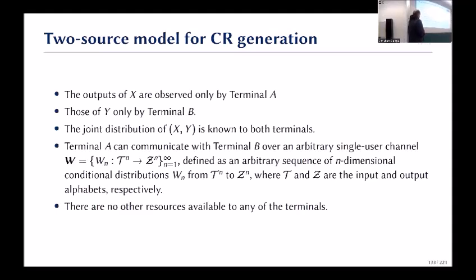So, terminal A can now communicate with terminal B over an arbitrary single user channel, defined as an arbitrary sequence of n-dimensional conditional distributions, the so-called general channel, from T^n to Z^n, where T and Z are input and output alphabets, respectively. There are no other resources available, no local randomness or something like this.